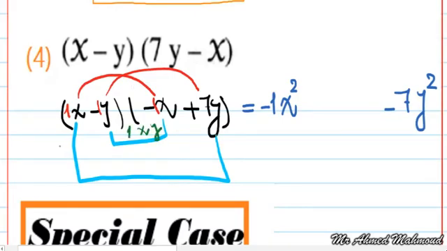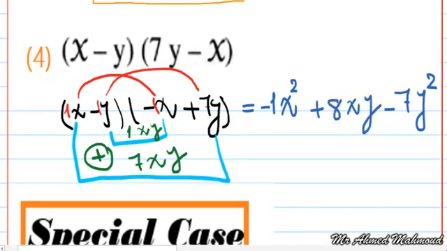The extremes, 1 times positive 7 equals 7xy. Then 1 plus 7 equals 8. Then the middle term here equals positive 8xy. Don't forget to write down y squared, without change.